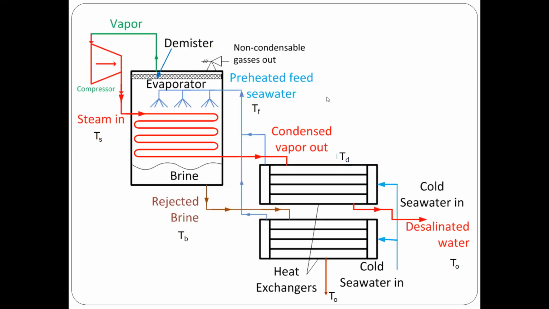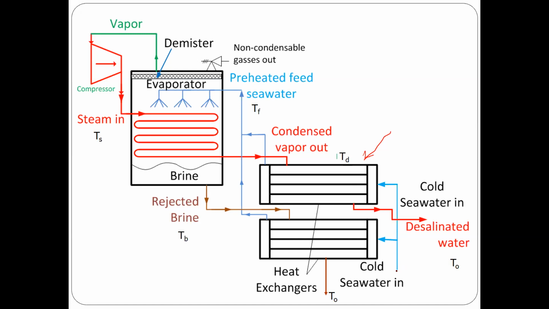Further, this is a sketch of the unit. What you may see once you have a first look at it is that we do not have a separate condenser. There's no condenser here. There are a couple of heat exchangers. This one uses the distillate water to preheat the feed.